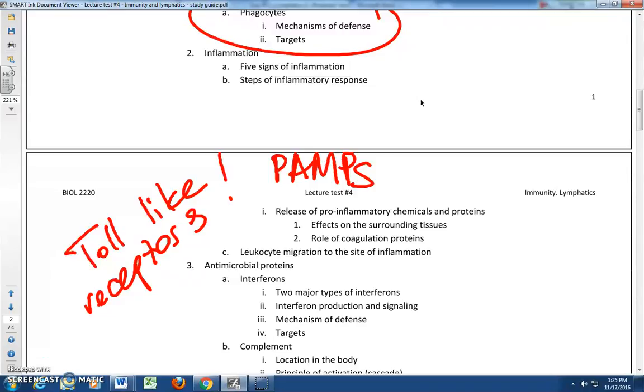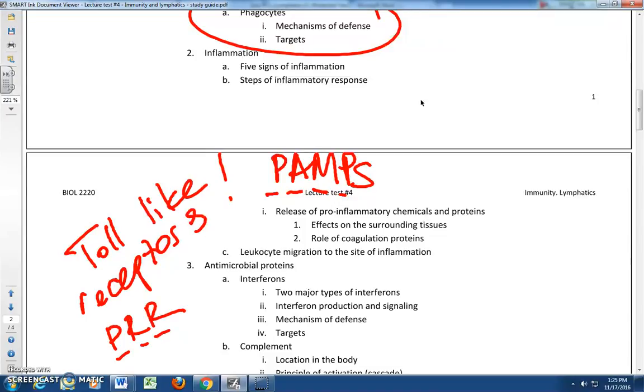Pathogen-associated molecular patterns. Toll-like receptors are pattern recognition receptors, PRR.